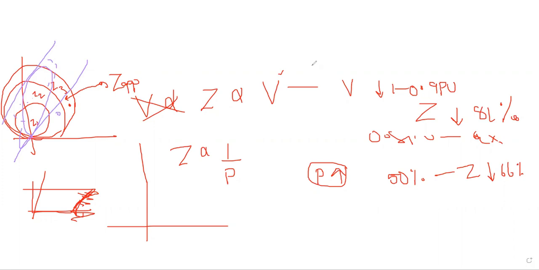I am checking the voltage. If it drops to, suppose, 0.7 pu, then it is an indication of a fault, not load encroachment. That is the kind of blocking that can be done for load encroachments and power swings.